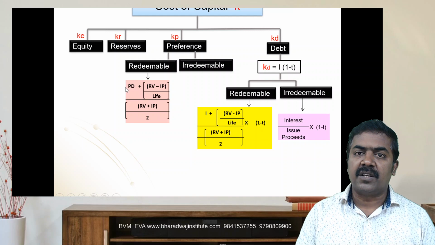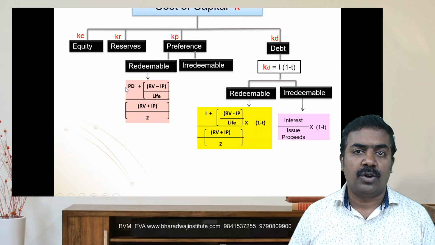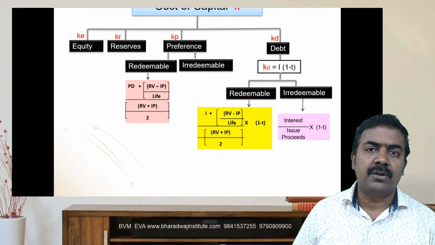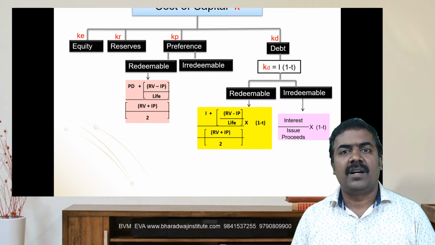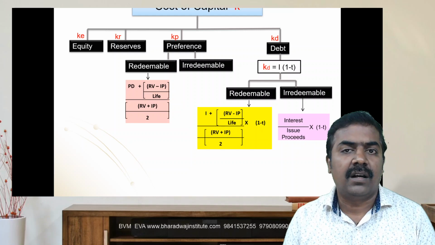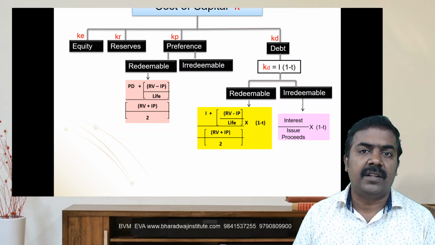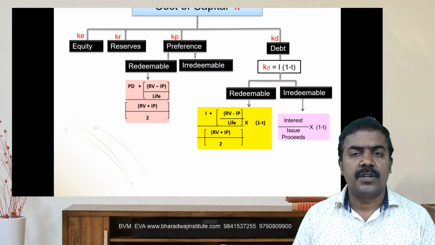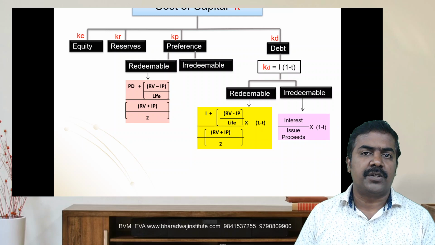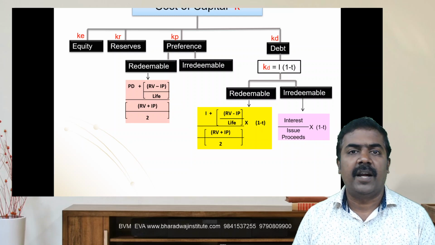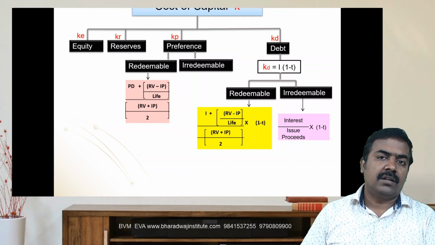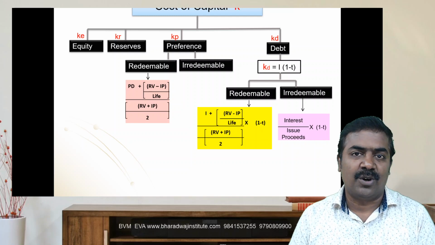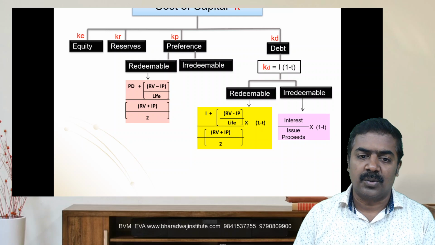So, this preference dividend will include corporate dividend tax also if there is any, because year to year the income tax provisions changes. Last year they said corporate dividend tax is there. This year they say the corporate dividend tax will not be there. So, depending upon the tax situations, the corporate dividend tax will be added. So the preference dividend includes all the cost, distribution cost also, corporate dividend tax also.